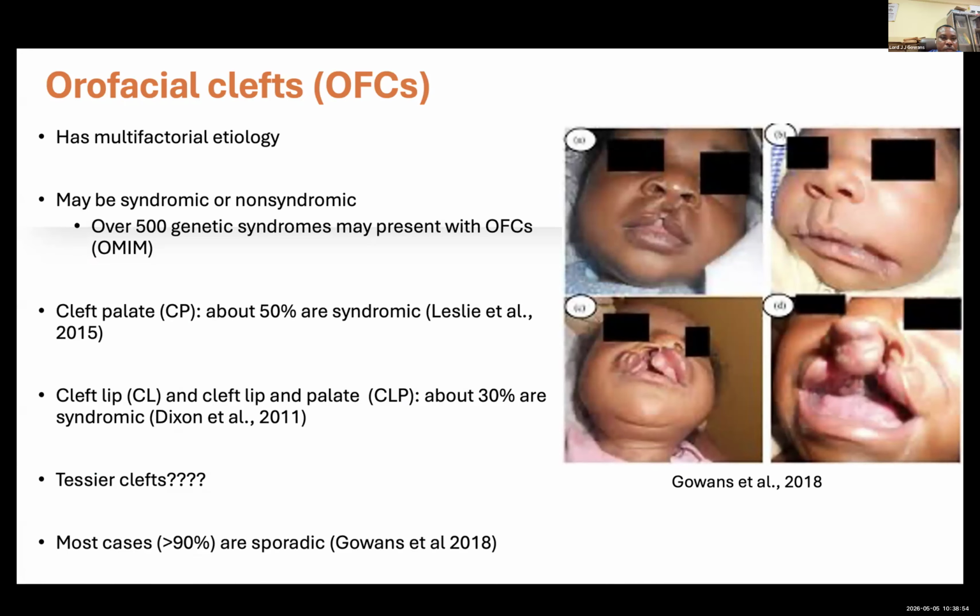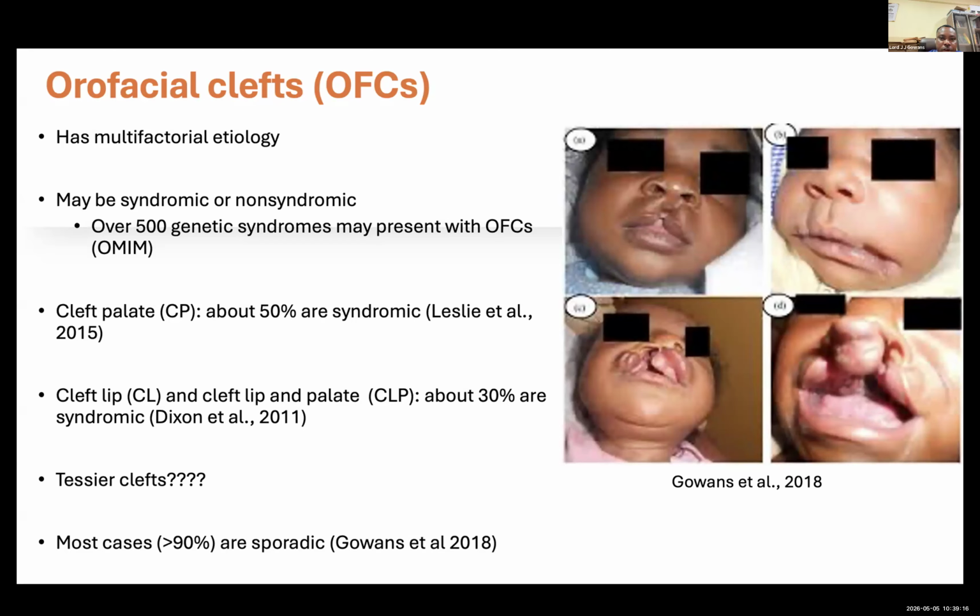And with the syndromic forms, depending on the phenotype we are looking at, we believe that about 50% of cleft palate, for example, are likely to be syndromic, whereas when it comes to cleft lip and cleft lip and palate, probably about 35%, 30% of those are likely to be syndromic.